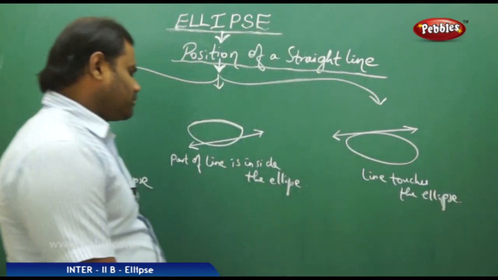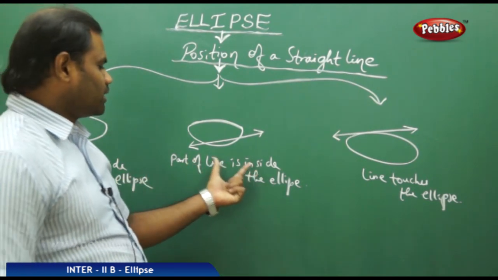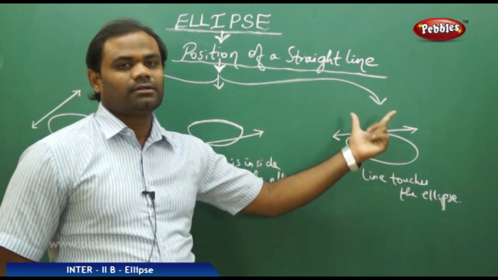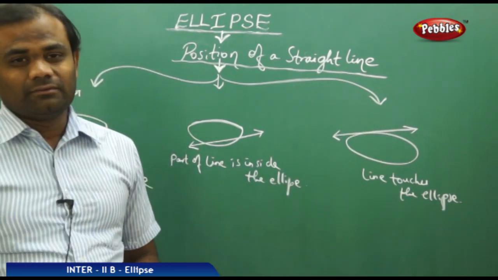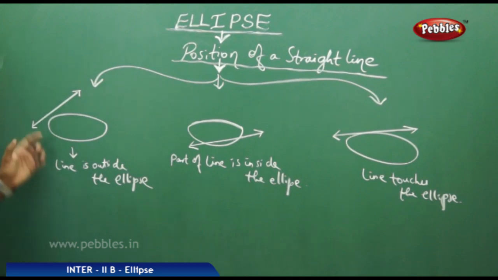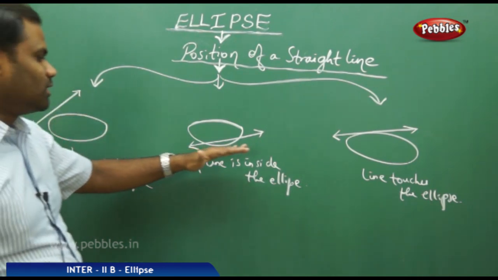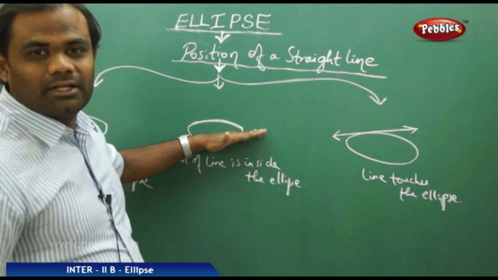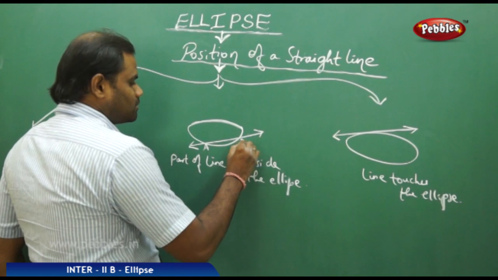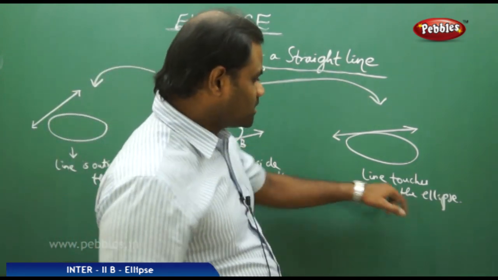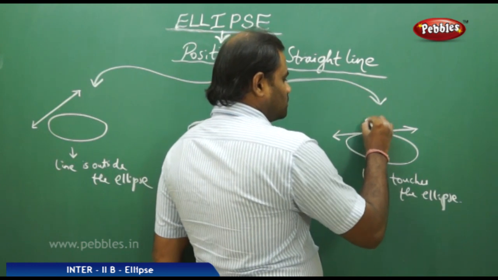So here are the 3 cases where the line is outside the ellipse, part of the line is inside the ellipse, and here the line touches the ellipse. So with these 3 cases, if the line is outside the ellipse, there is no point of intersection of line and ellipse. If part of the line is inside the ellipse, there are 2 points of intersection with the ellipse. If the line touches the ellipse, there is 1 point of contact, which is this.